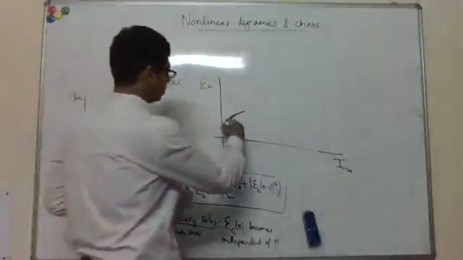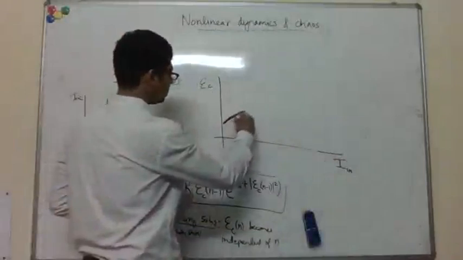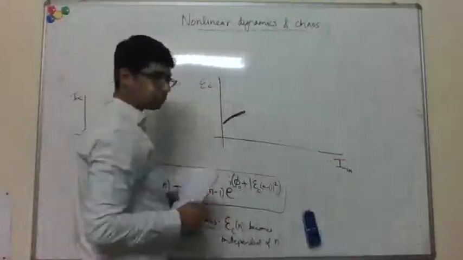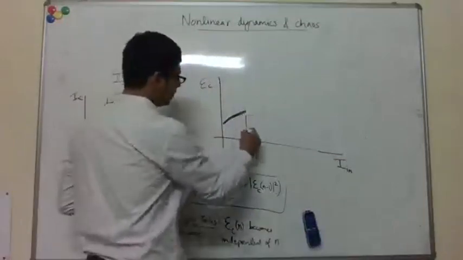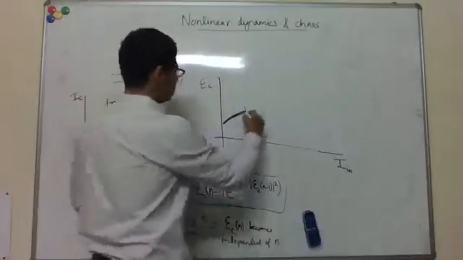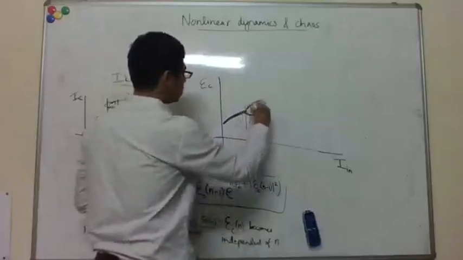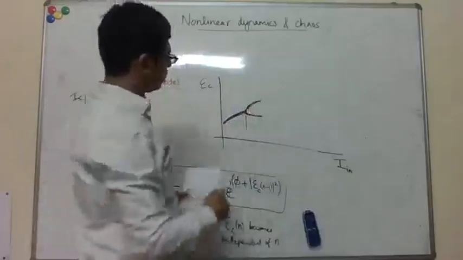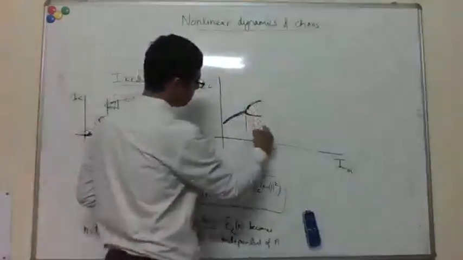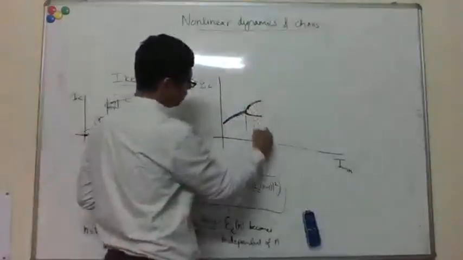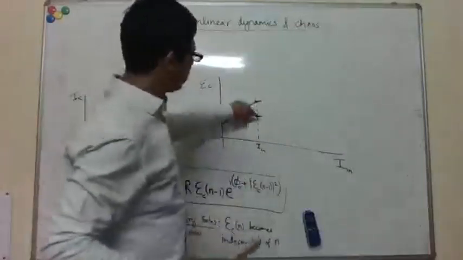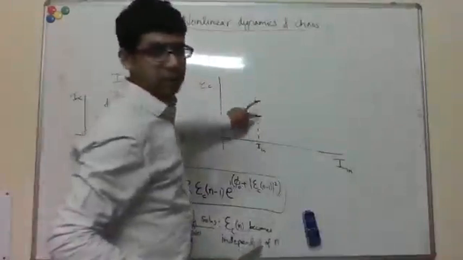So I lie on this one curve for a certain range of input intensity. Then as soon as I exceed a particular threshold value, I get into two branches. So I get a periodic solution. For this particular value of the input intensity, I have two values of EC, so it's a periodic solution between these two.